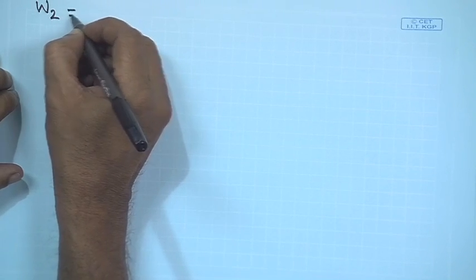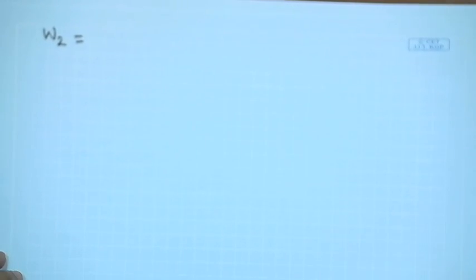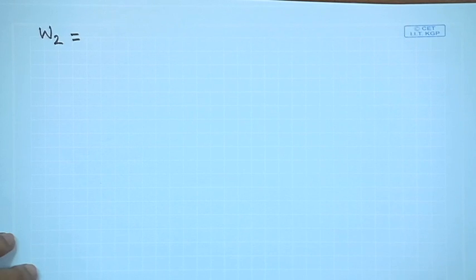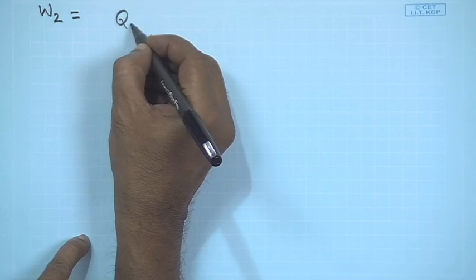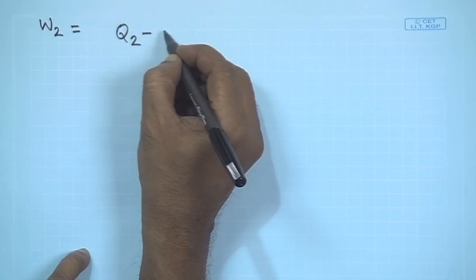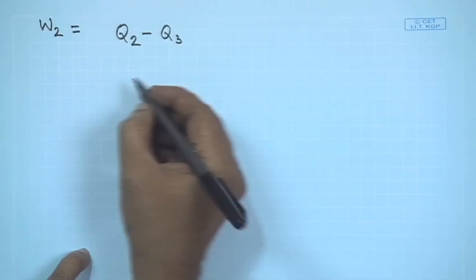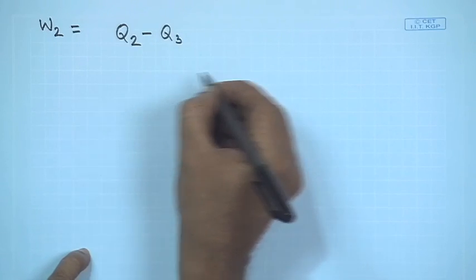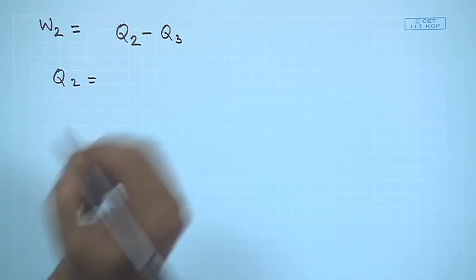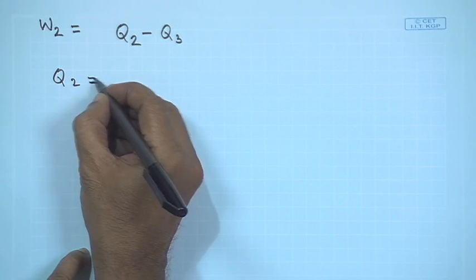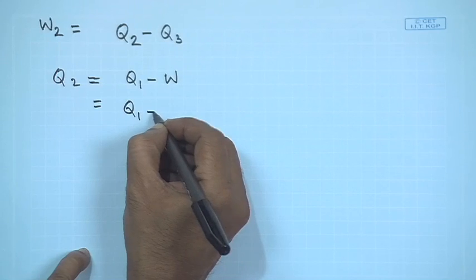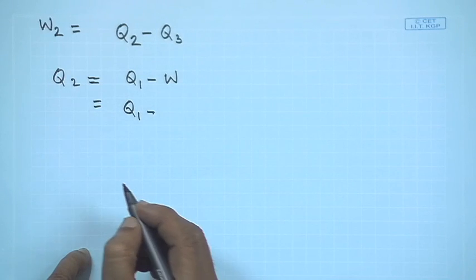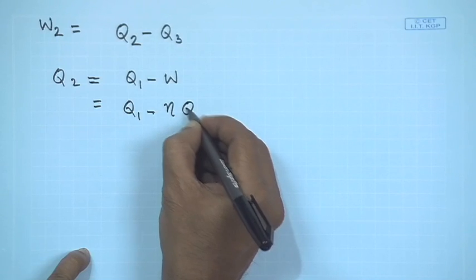W2 is equal to Q2 minus Q3. Q2, again one can write Q2 is equal to Q1 minus W, that is Q1 minus eta into Q1.